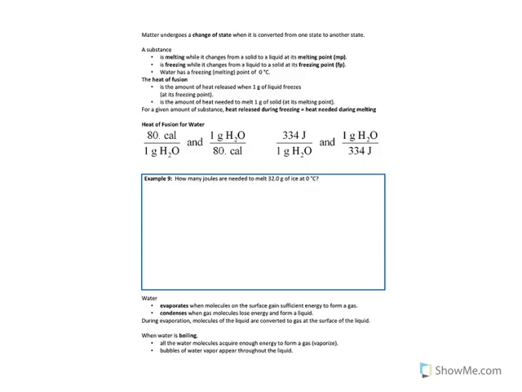For water, the heat of fusion is 80 calories, meaning if you have 1 gram of water, to change that 1 gram of liquid water to solid water, you must release 80 calories. To go the other way, you must put in 80 calories. Okay? Or in joules, it is 334.